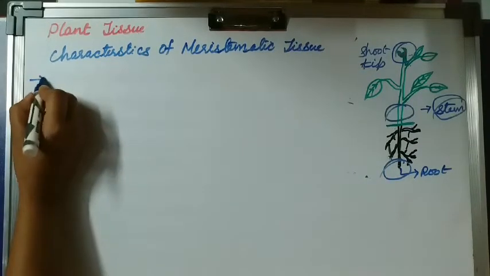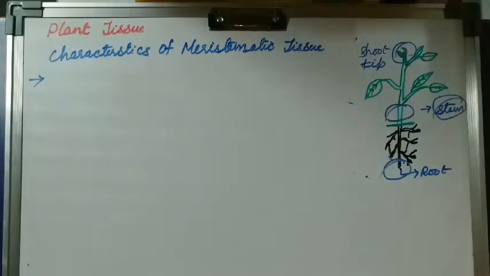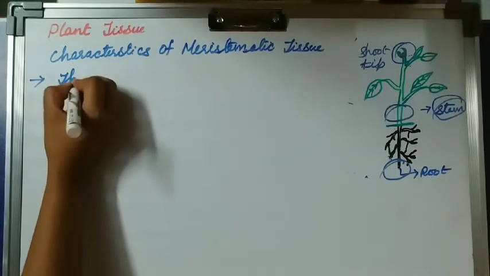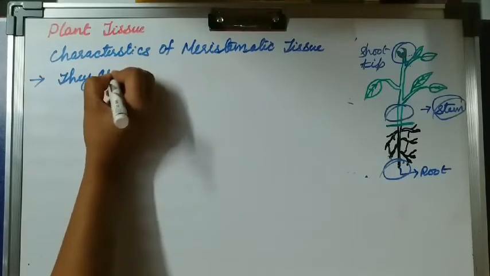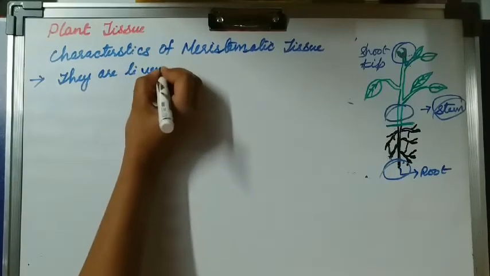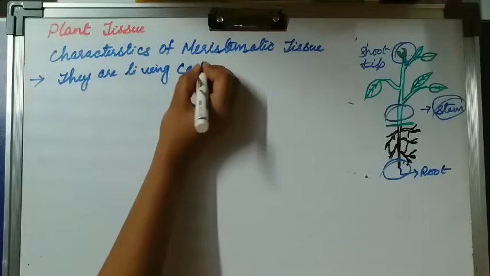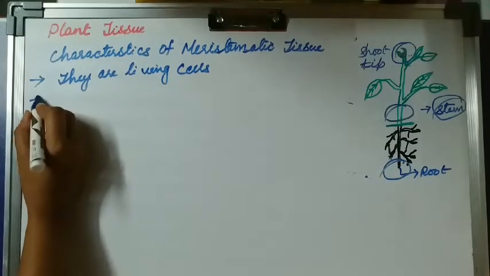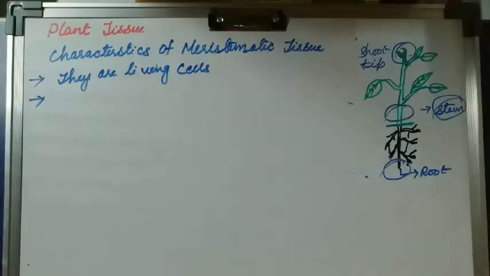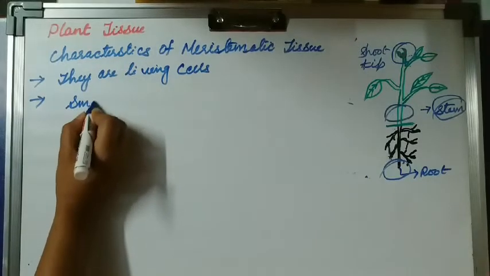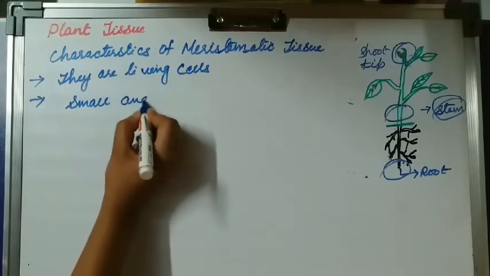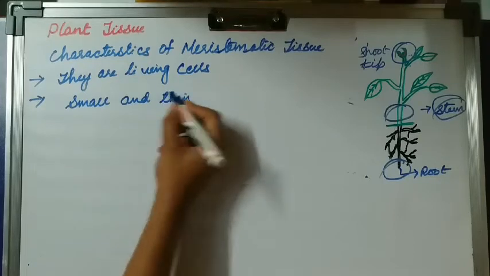So the first thing is that they are living cells because they have the capacity to divide. Any cell which has the capacity to divide is known as a living cell. Okay. The next thing is that they are small and thin walled.